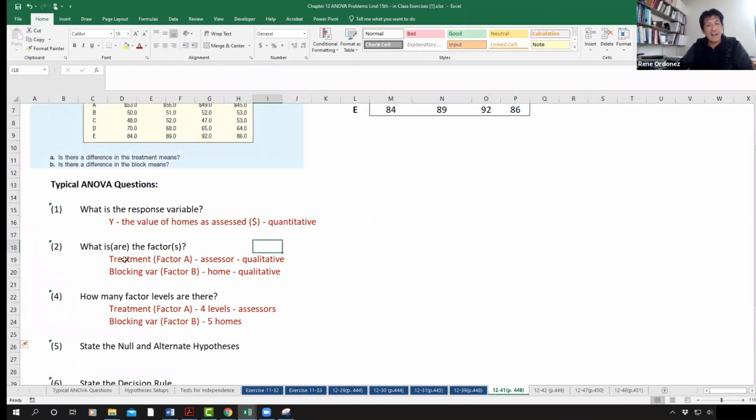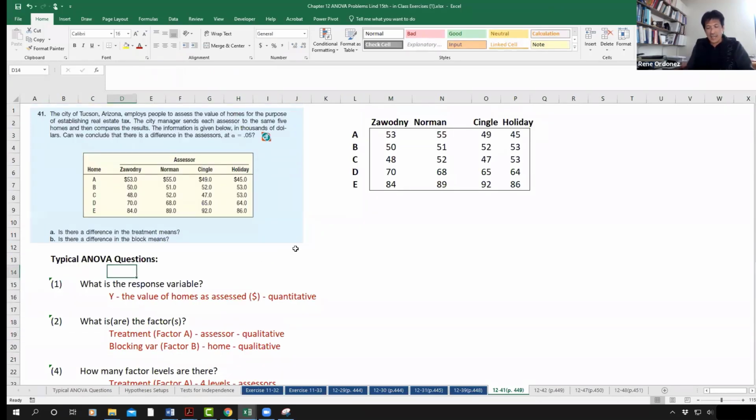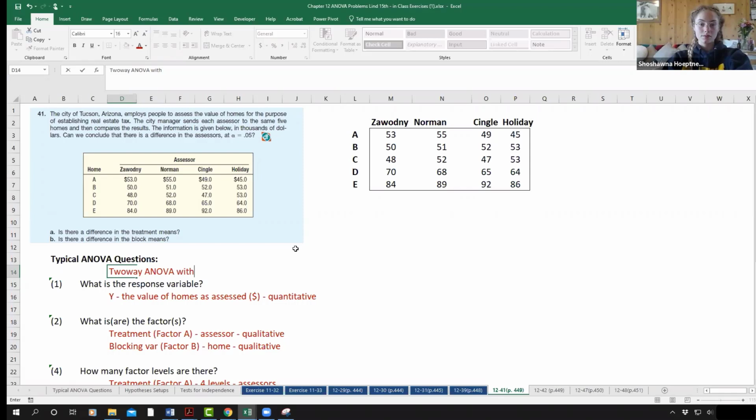So since we have 2 factors, A and B, this requires the two-way ANOVA without or with replication. Which one applies to this problem? Without replication.